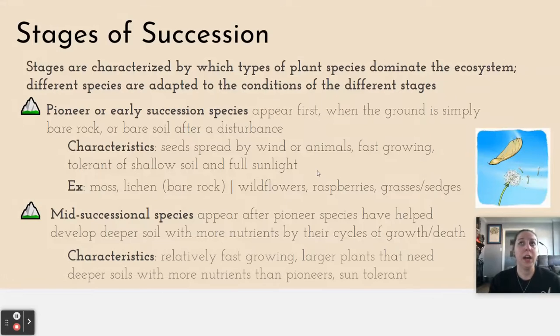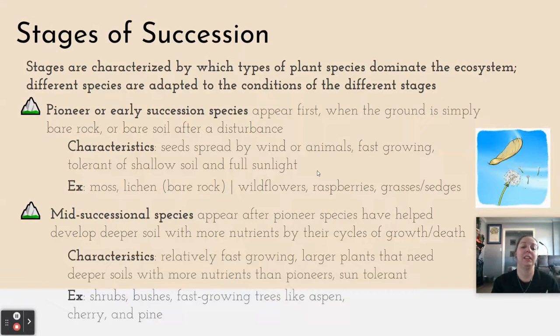So their nitrogen, phosphorus, carbon adds nutrients to the soil and helps to create that deeper nutrient-rich soil. The characteristics of our intermediate species are going to be relatively fast growing. They're going to be larger plants that are going to need deeper soils than our pioneer species do. And once again, they're going to be sun tolerant because there's still no shade.